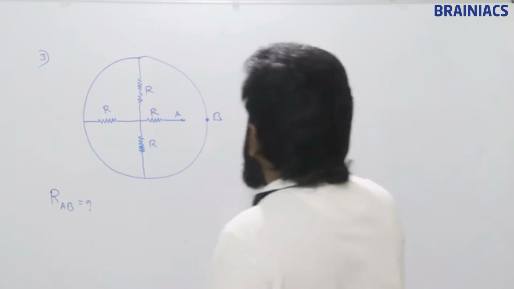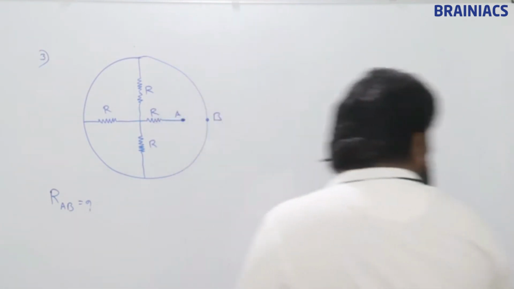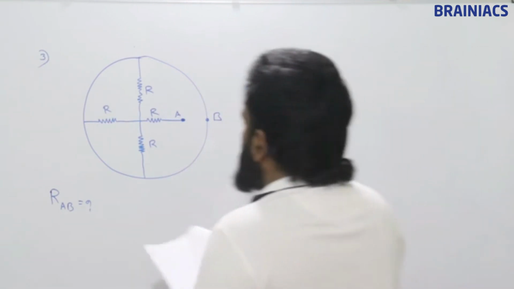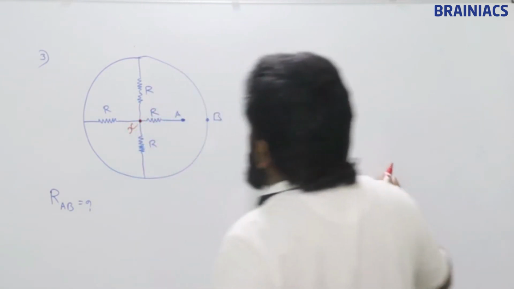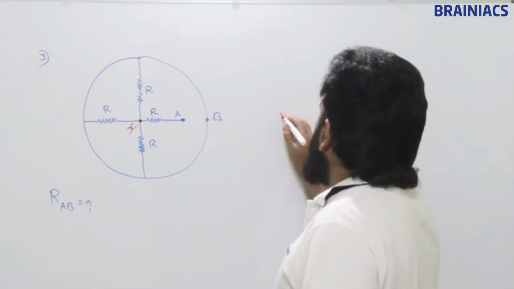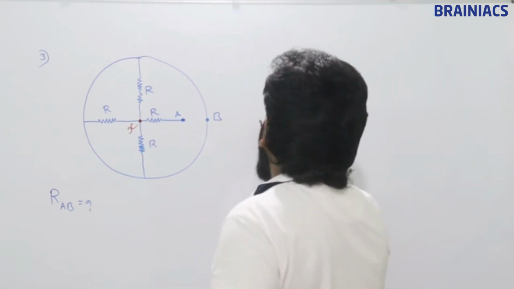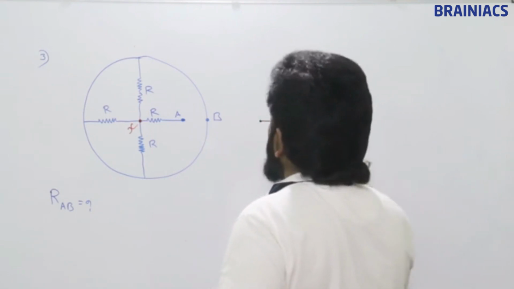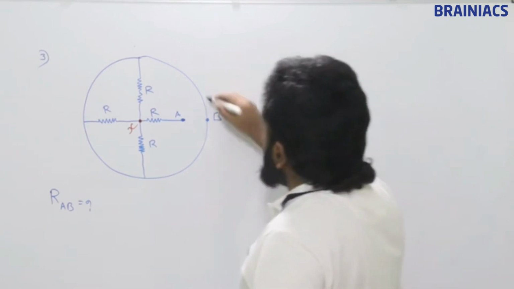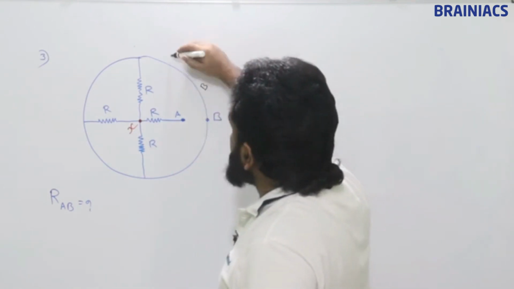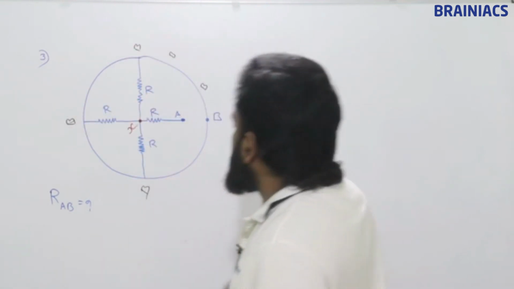Okay, see, this is terminal A. Here we can see another node, I name this as X. From node A, a resistance R is going to X. Now this terminal is B, this terminal is B, this terminal is also B, no resistance in between.